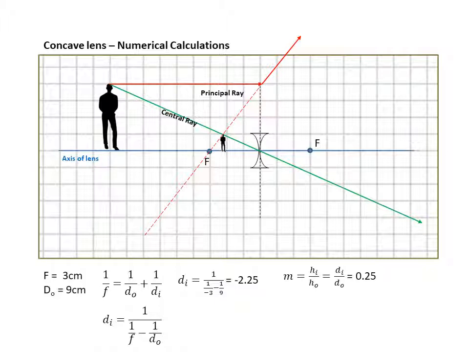The man is 4 centimeters high, multiplied by a magnification of 0.25. That comes out with an image height of 1 centimeter, which again matches that seen on our ray diagram. So we have the image distance 2.25 centimeters before the lens, and the height is 1 centimeter.